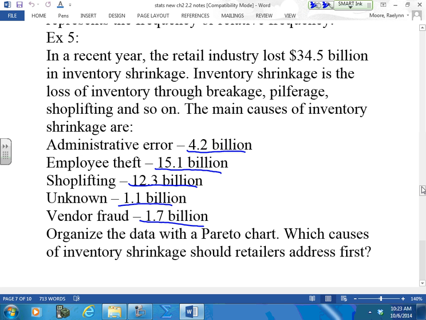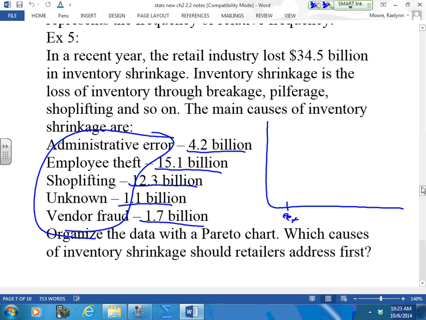So your graph is going to be again in quadrant 1. On your x-axis are all these categories. Just your categories. These are nominal entries, qualitative entries. So they go here, from highest to lowest. So which one has the highest out of all these? Employee theft. So here's my employee theft. Then what? Shoplifting.